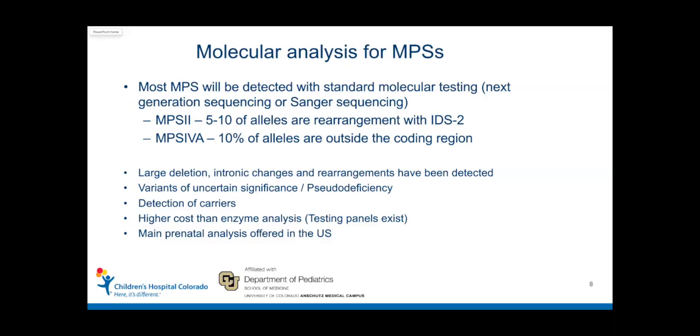And then I did want to add that as far as I understand, most prenatal testing that's done in the United States is going to be done using molecular techniques. So I think molecular testing for MPS is pretty straightforward. It's pretty widely available. And while the variants of uncertain significance may wreak havoc on the laboratory side, it's pretty standard.